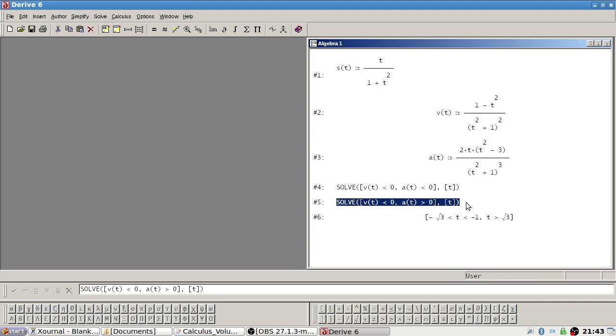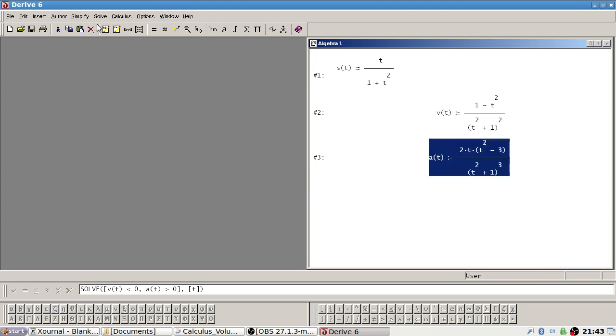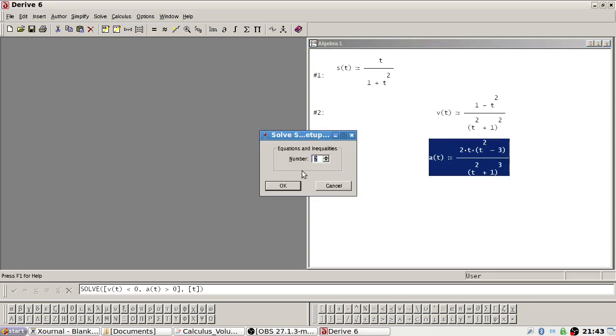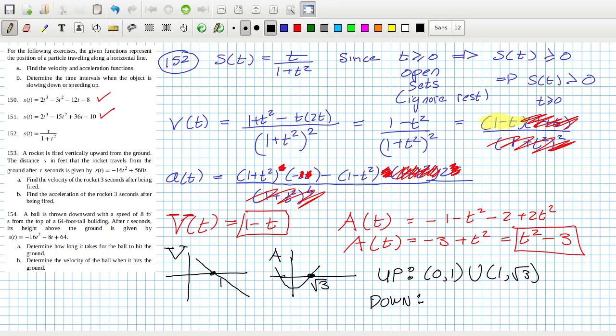Okay, so let's just check that again. Solve system. Okay, so what was I going for first? Both positive has to be less than 1. Oh, yeah, that's my mistake. Less than 1, but more than root 3. So you can't have that.